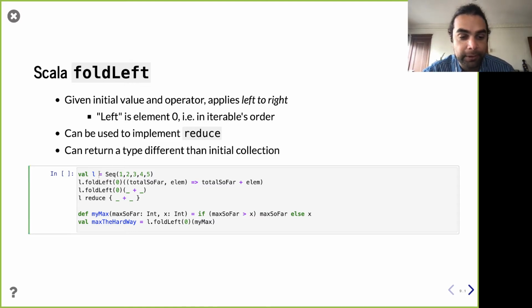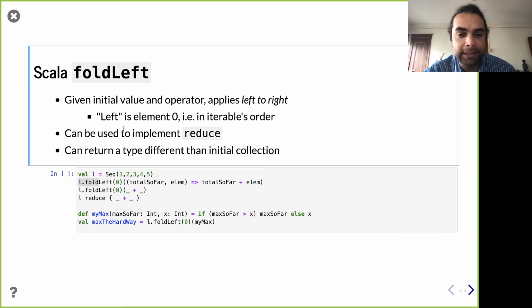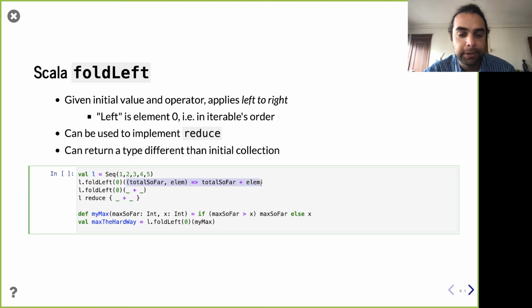For example, let's start off with a handy sequence and say, why don't we add them up? The thing about fold left is we need to give it not just a binary operator, but also an initial element. This initial element, remember, can potentially be a different type than the input elements.